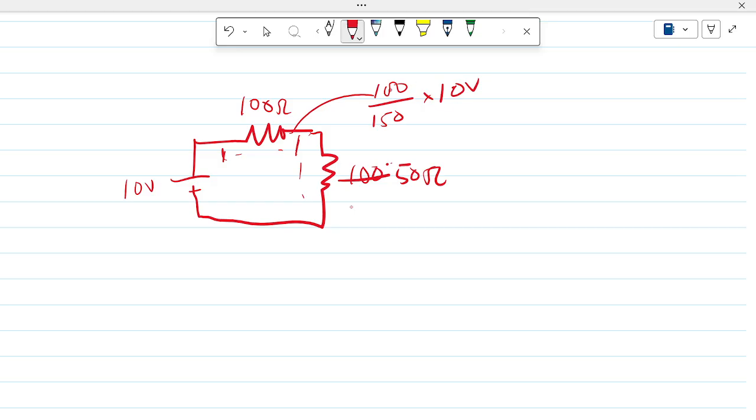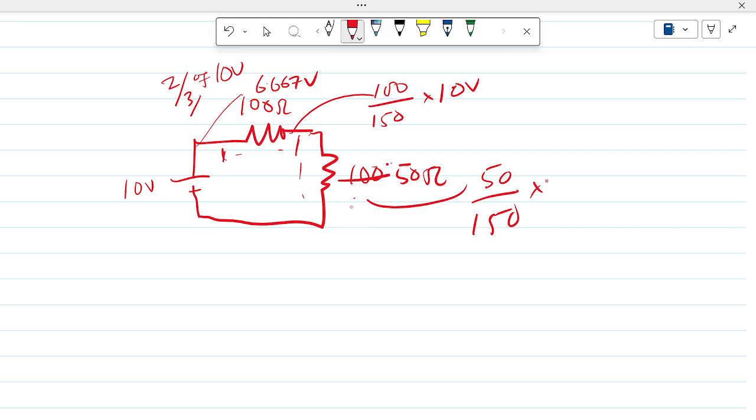And this is going to see 2/3 of 10, 6.667 volts. Then you can subtract to get what will be here, or you can just do 50 over 150 times 10, which is 1/3 of 10. Okay, so you get a point. So this is called a voltage divider. You use that to share voltages in series.